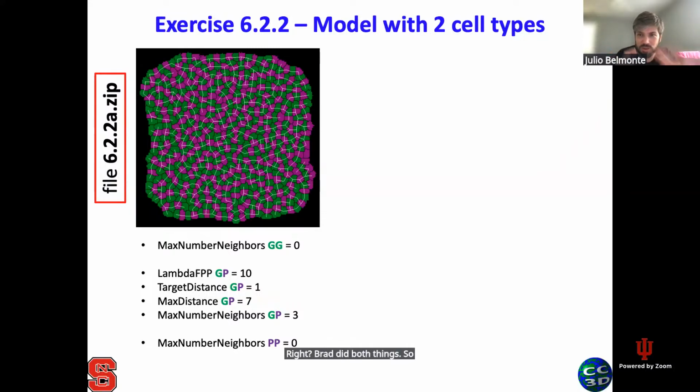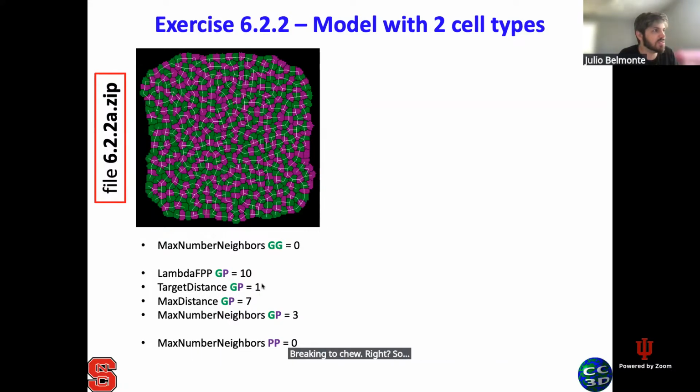So you usually don't want the cells to break. Notice that I did use a very low target distance, in this case 1, but my lambda was not that high, so you don't see the cells breaking.